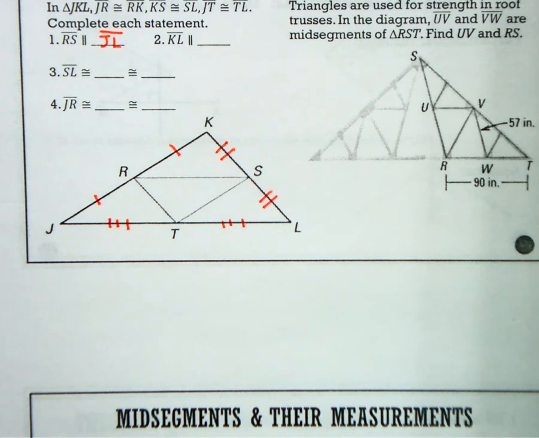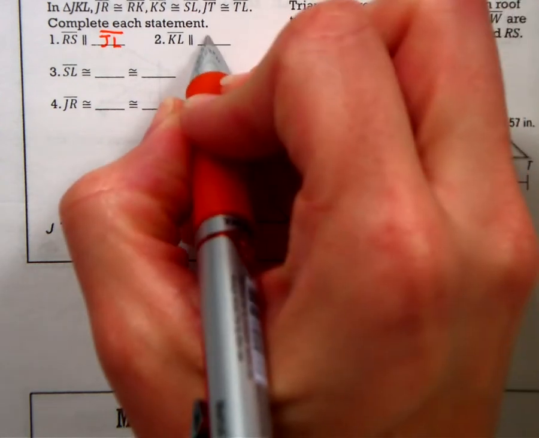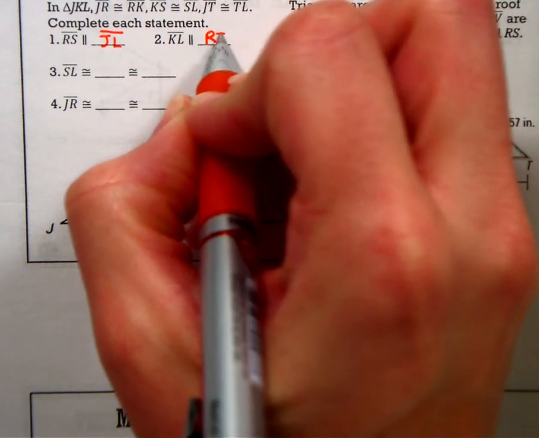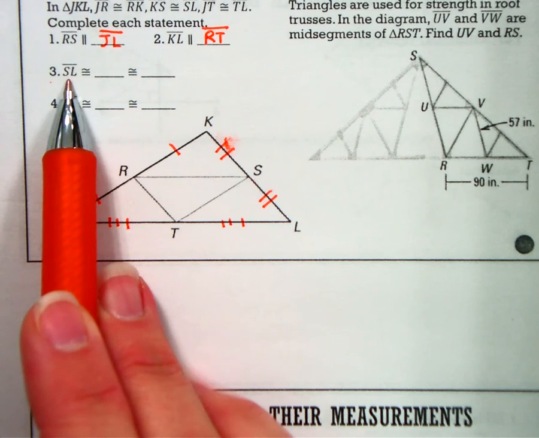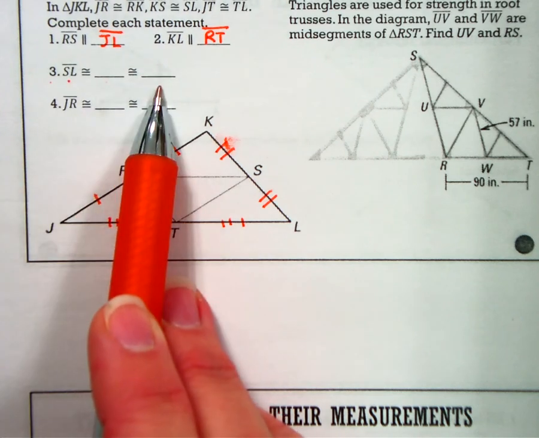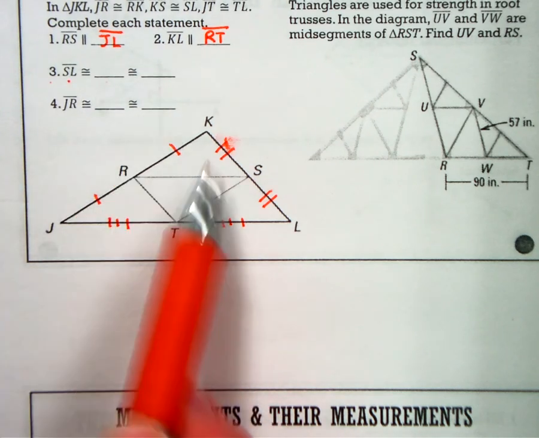KL is parallel to, I heard it real quiet, put a segment bar over the top. Okay, here's where this piece of information comes in that you need to know, that all four of those triangles are congruent to each other, because SL is congruent to what? So SL is congruent to KS.